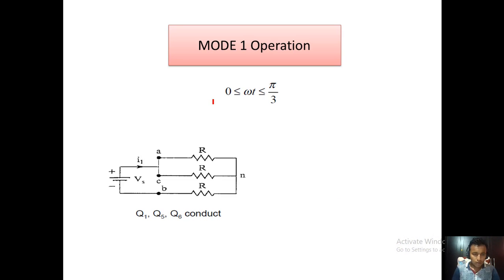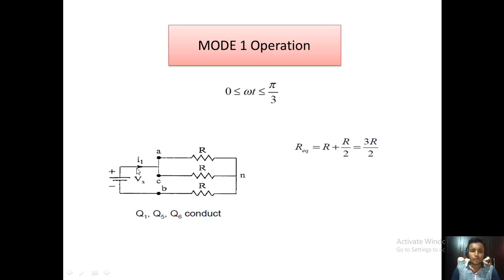Now if we have to find the equivalent resistance from this figure, then the equivalent resistance is the parallel combination and this series combination, that is R plus R by 2. That is the equivalent resistance, R plus R by 2, that is 3R by 2.